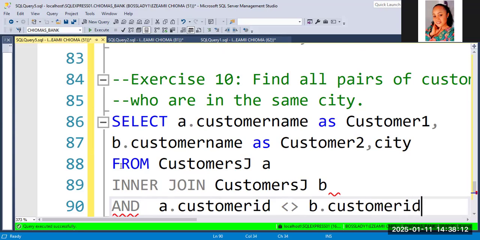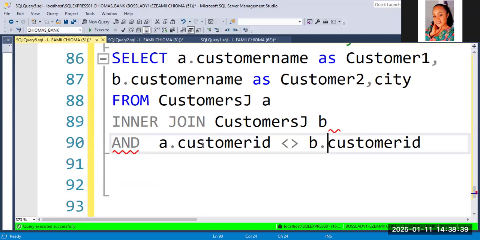What this will do is help us make sure that our data does not contain the same customer, because it might duplicate the customer ID. This will help us make sure that any customer we are getting is unique. Because we are joining on the same table, that's why we are specifying this: where A dot customer ID is not B dot customer ID. Because it's on the same table, that's why I added this particular clause.